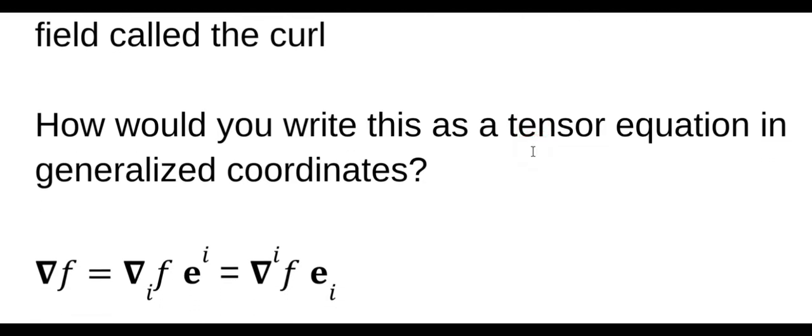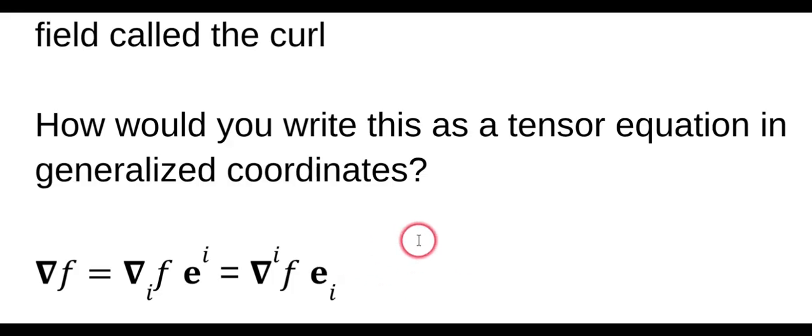Here's a couple ways. So we're saying the del operator of the scalar field, I chose this because it's easy, would be the covariant derivative of f times the contravariant basis vector. We also could express it as the contravariant derivative of that scalar field times a covariant basis vector. Now, traditionally, we would want this in our work and this in our work. Well, how do we get all this together? Okay.